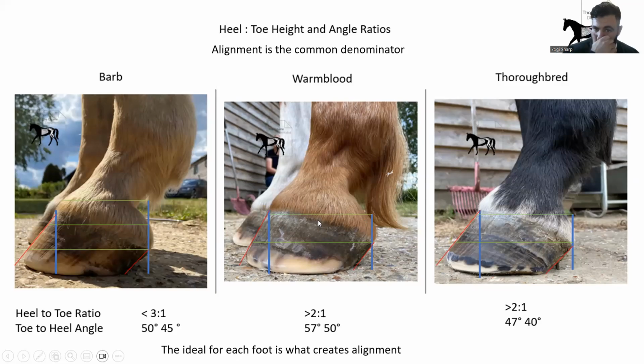But the point is that, again, it's a measurement that we use for documenting to make sure that we're maintaining our proportions and we're not moving the wrong way before it becomes obviously different. And at that point, we've already lost a lot of time and a lot of hoof balance, okay?